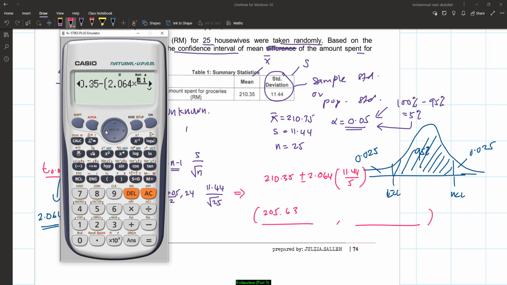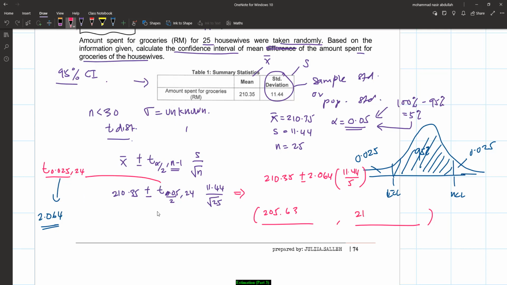So upper confidence interval, we need to change the value of sign, negative sign to plus sign, right? So 215.07.